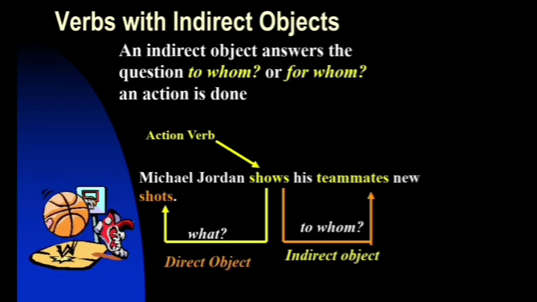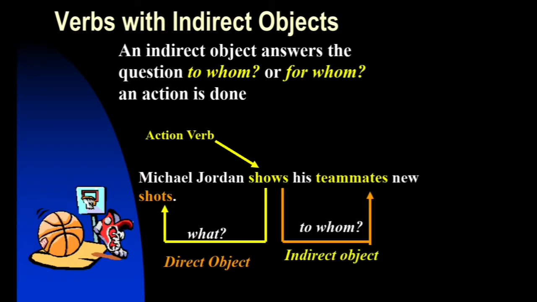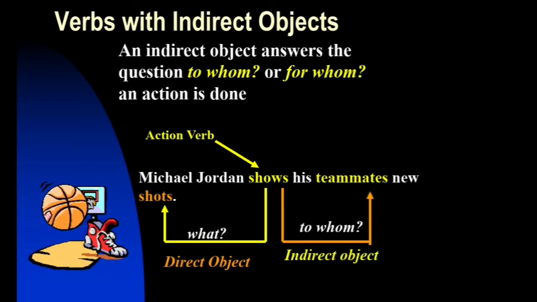Verbs with indirect objects. An indirect object answers the question to whom or for whom an action is done. Michael Jordan shows his teammates new shots.